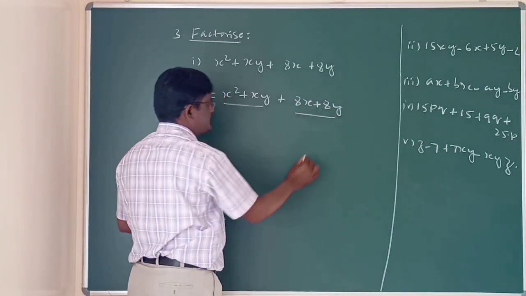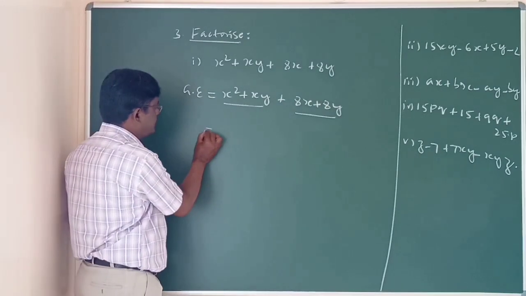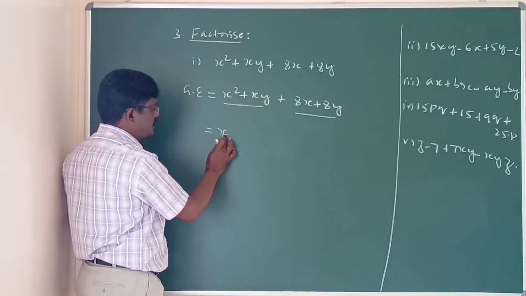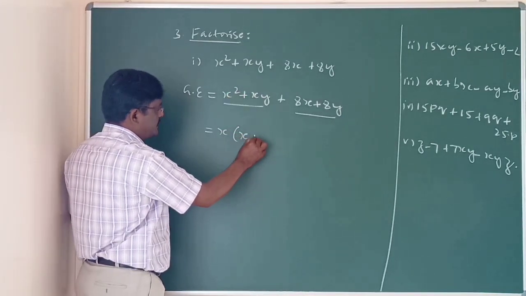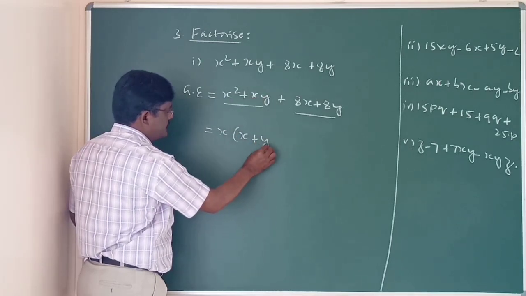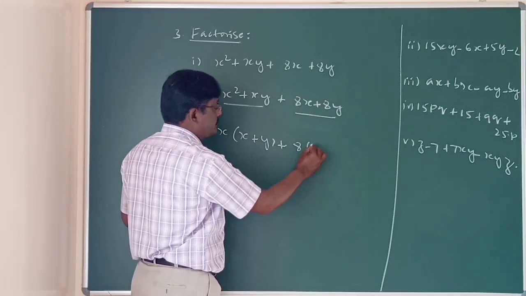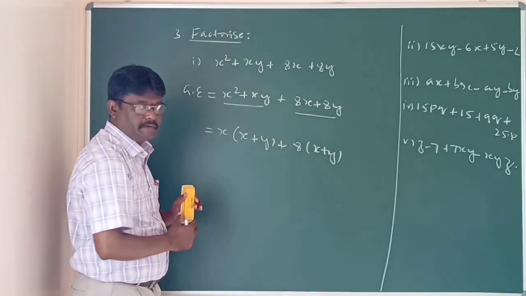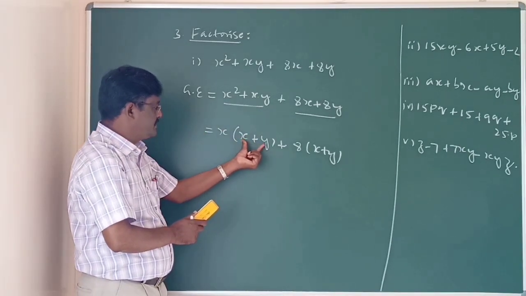So this is the first step in case of 4 terms. Next you take the common factor. We know the common factor is x now. When x comes out, 1x gets cancelled, plus common 8, then x plus y. This is what we expect. When you group, we must get the same factors within the bracket.